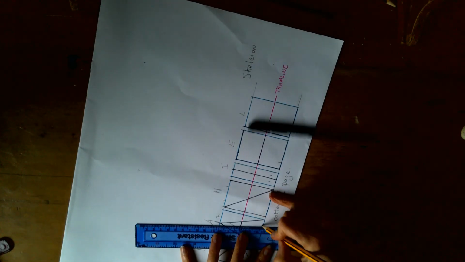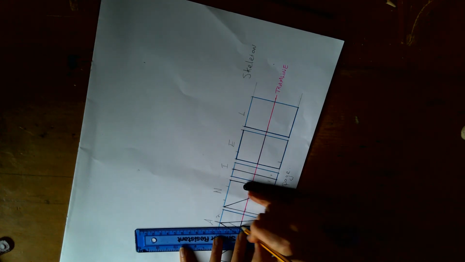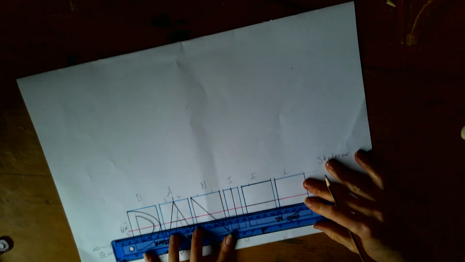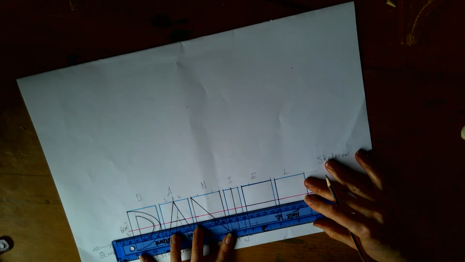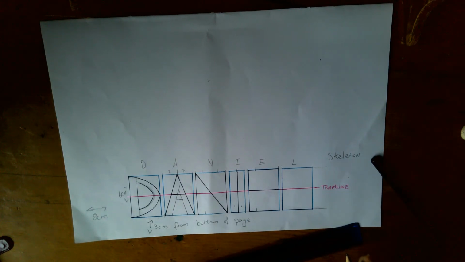My A is going to be 1 centimeter wide here. And again, I'm looking carefully. Alright. And I'm going to put this just below. Okay. Hope you can see that okay.